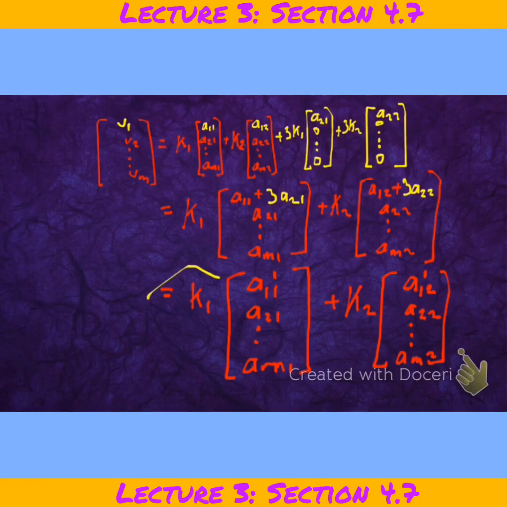Now, please observe the following. This vector is the vector that I originally chose to be in the column space of the matrix B. These two vectors are the first two columns of the matrix B. So I've just shown that this vector lies in the span of the first two column vectors of the matrix B. So therefore, what am I saying?